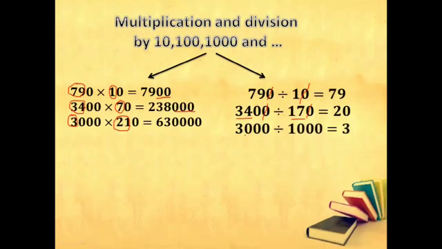So 3 zeros and 3 zeros can be cancelled. 3 divided by 1, that means any number divided by 1 gives the same number itself, that is 3. This property is called the cancellation method.